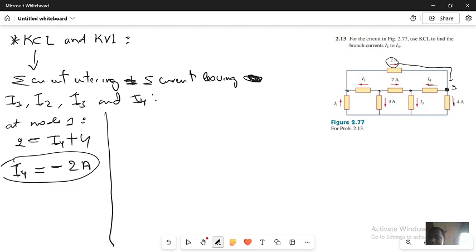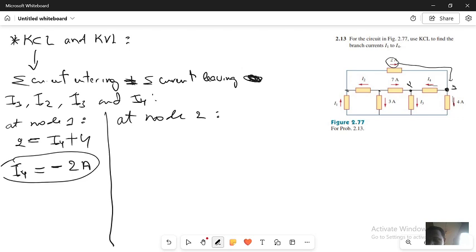Now if I come to this node, let's say node 2. At node 2, I4 is entering, this current 7 is entering, and I3 is leaving.